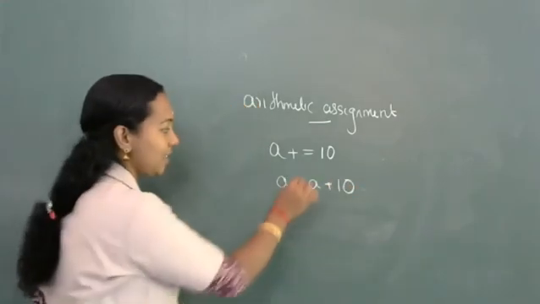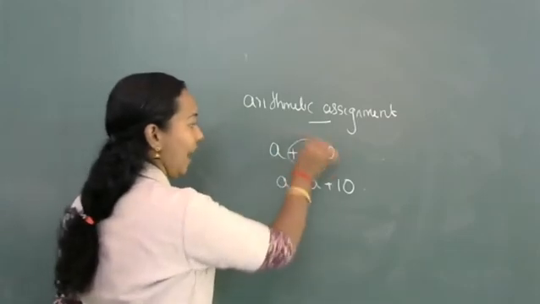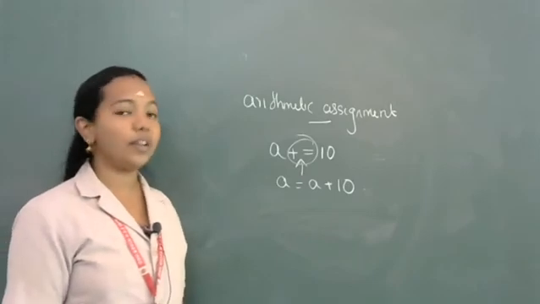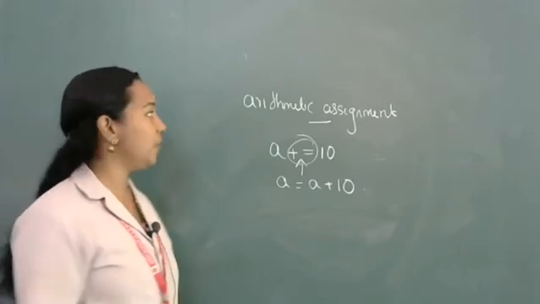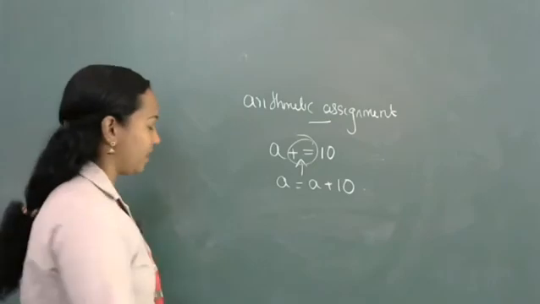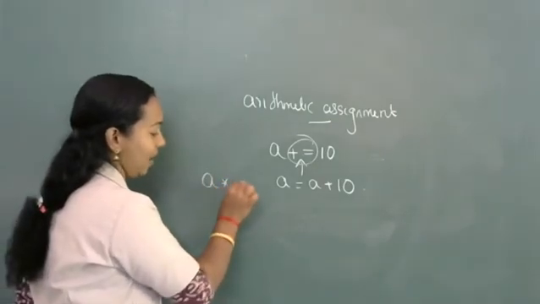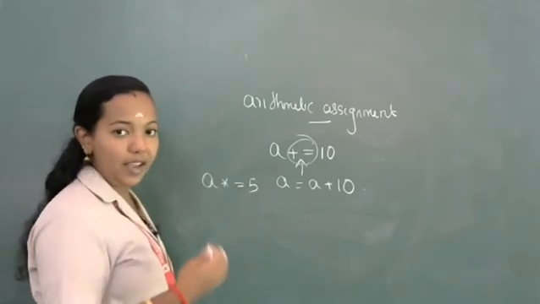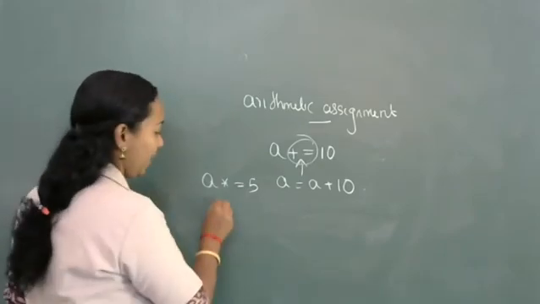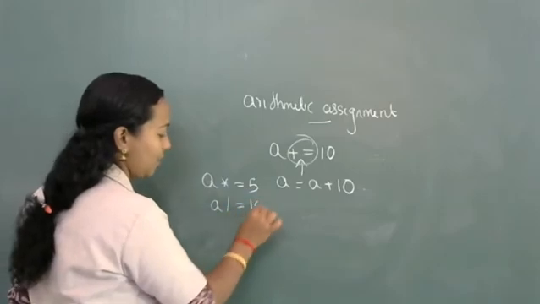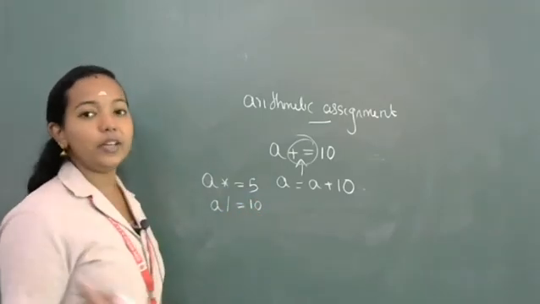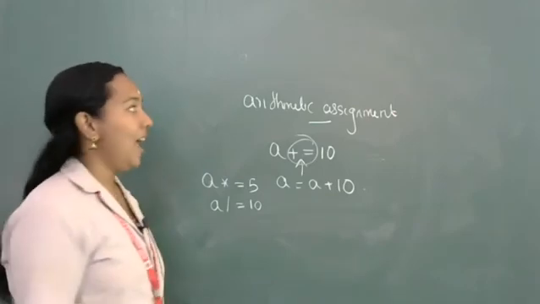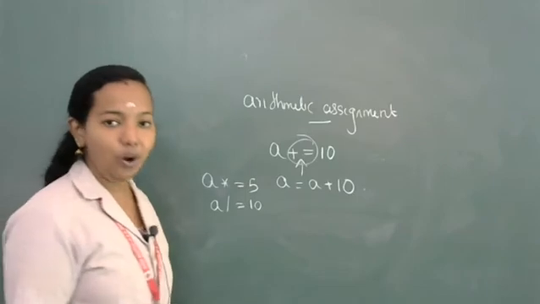This is the C++ shorthand method, plus equal to. If we are adding or dividing the same number, then we can use the arithmetic assignment operator. Example, A star equal to 5 means A equal to A star 5. Then A divided by equal to 10 means A equal to A by 10. These are the commonly used arithmetic assignment operators.